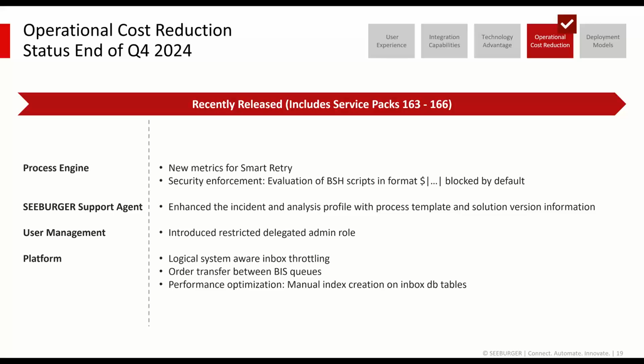We are shipping an enhancement to transfer tasks between different queues, and we're also optimizing performance for the inbox to allow additional creation of index, for example, for high volume systems that rely on certain additional indexes to improve performance.